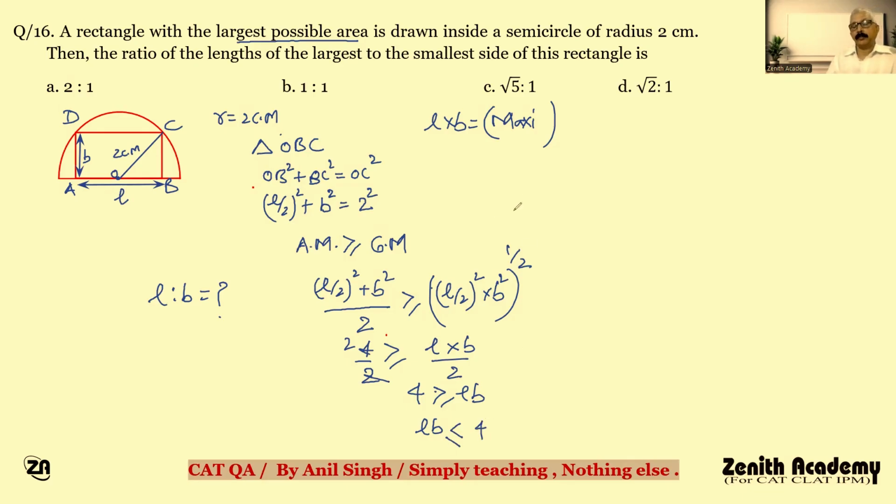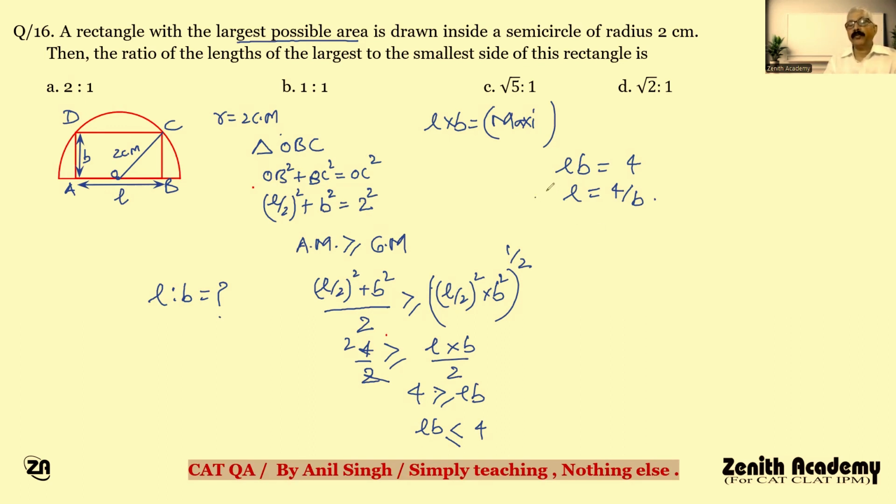So the maximum possible area of this rectangle will be 4. Is it clear? So now the area is 4. So here L into B is 4. Then L you can take as 4 upon B.